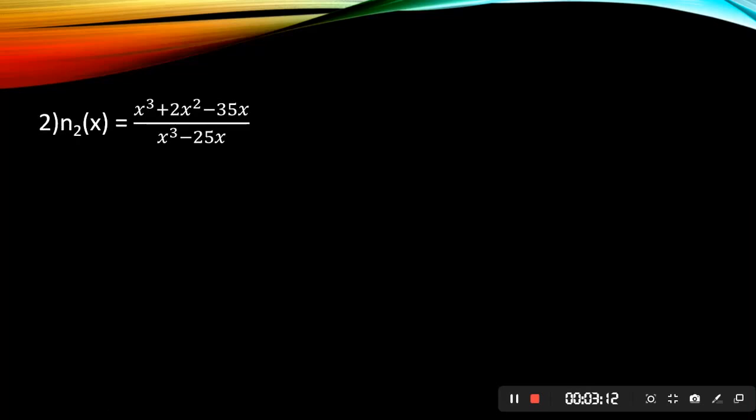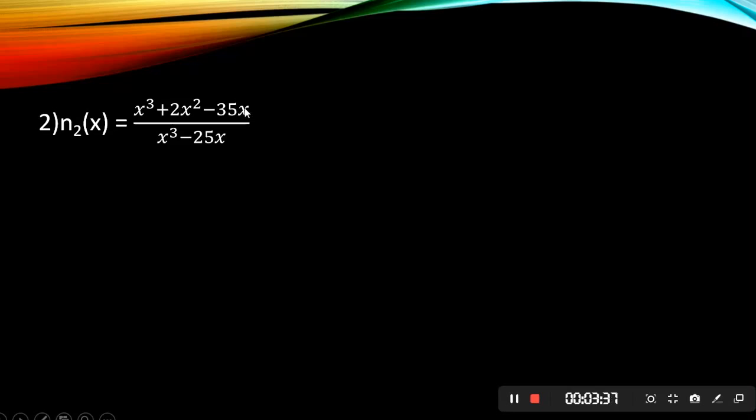Exercise 2, n2 of x equals x power 3 plus 2x power 2 minus 35x over x power 3 minus 25x. Look to the numerator, I have x power 3, x power 2, x. So the first step, I have to take out the highest common factor, which is x.